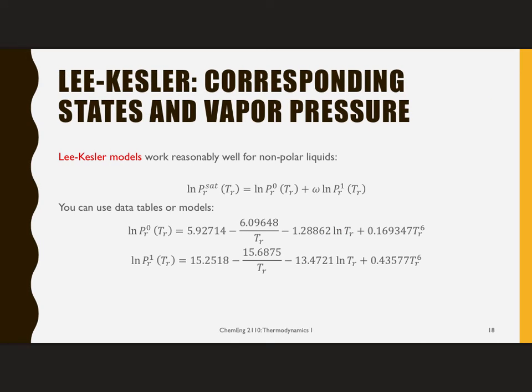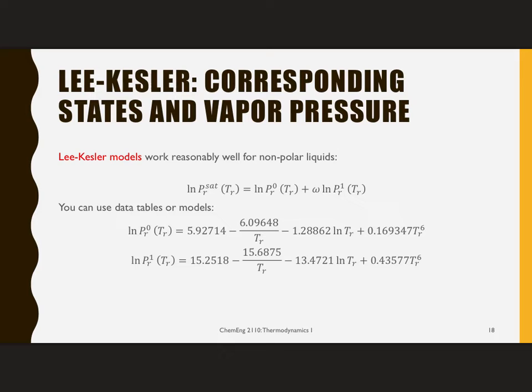Another technique we can use is the Lee-Kesler equation. This is going back to the idea of corresponding states applied to vapor pressure. It's okay as long as the liquid is nonpolar. It's going to work, for instance, with your basic hydrocarbons, but it's not going to work when you get to alcohols or water or those other polar liquids.